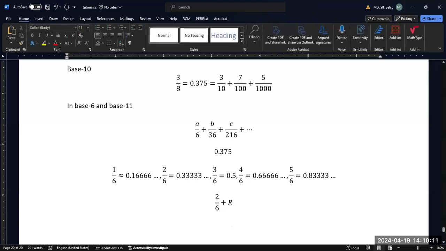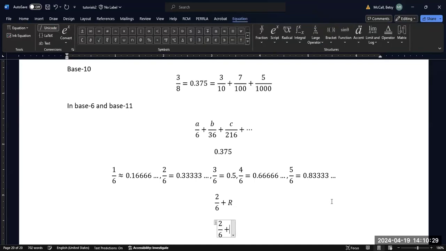So when we're doing this next set of calculations, we're going to take our 0.375 and we're going to subtract the 2/6. And so the remainder is going to be 0.0416666.